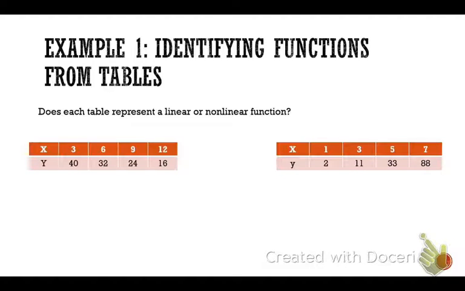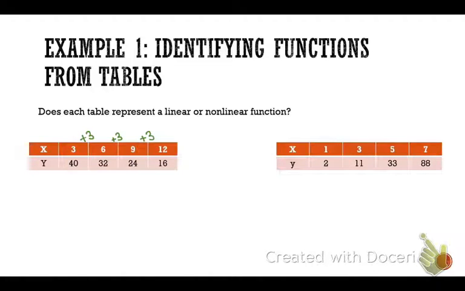So how do I get from 3 to 6? Add 3. How do I get from 6 to 9? Guys, tell me. Add 3. So I'm starting to see a pattern, which tells me constant rate. How do I get from 9 to 12? Add 3.